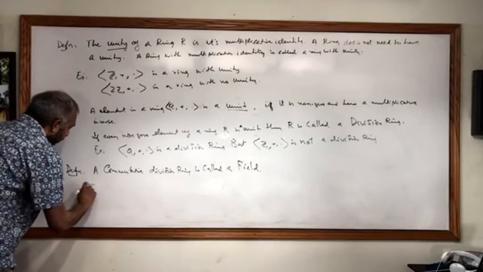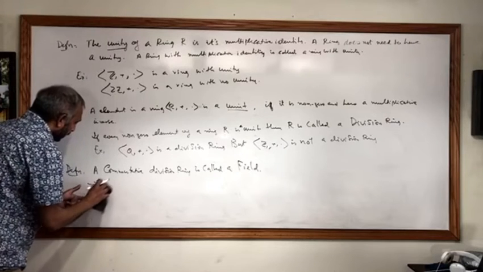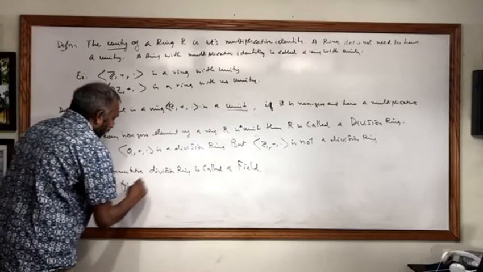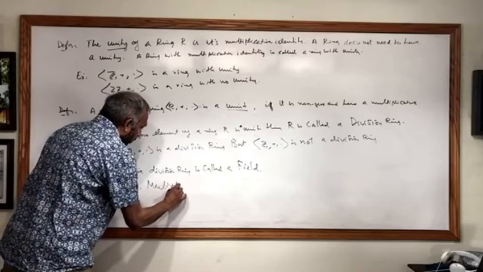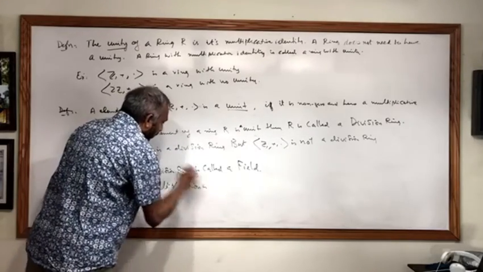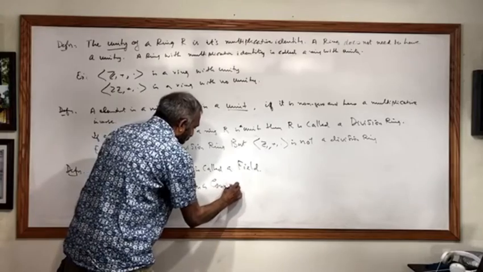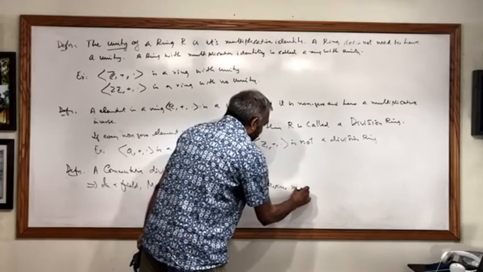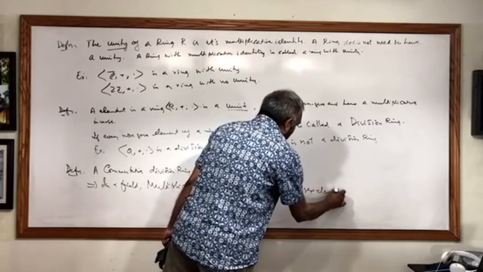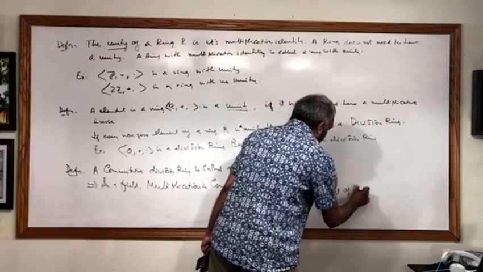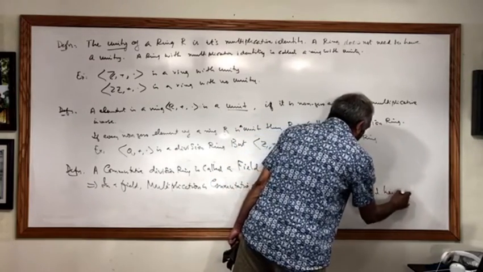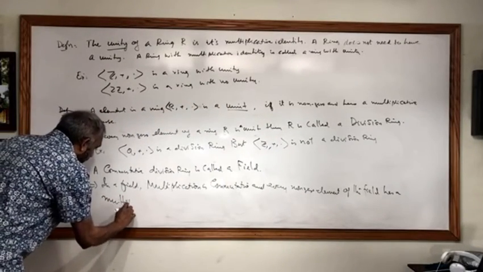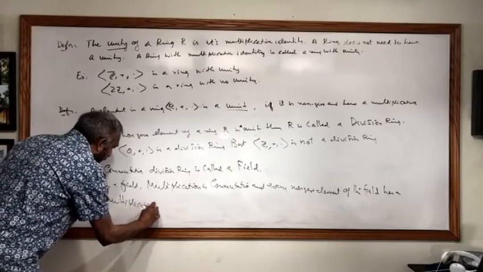So that means in a field multiplication is commutative and every non-zero element of the field has a multiplicative inverse.